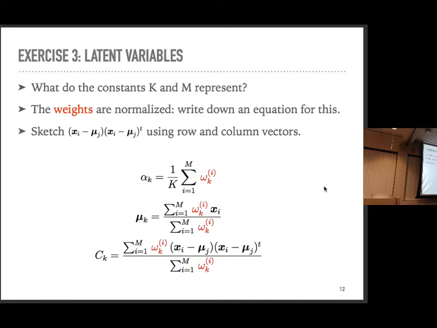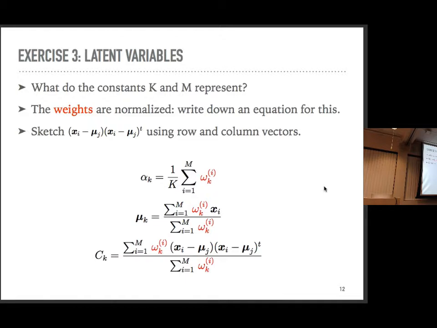And then mu is the equation. So it's not the... What does the Gaussian represent?